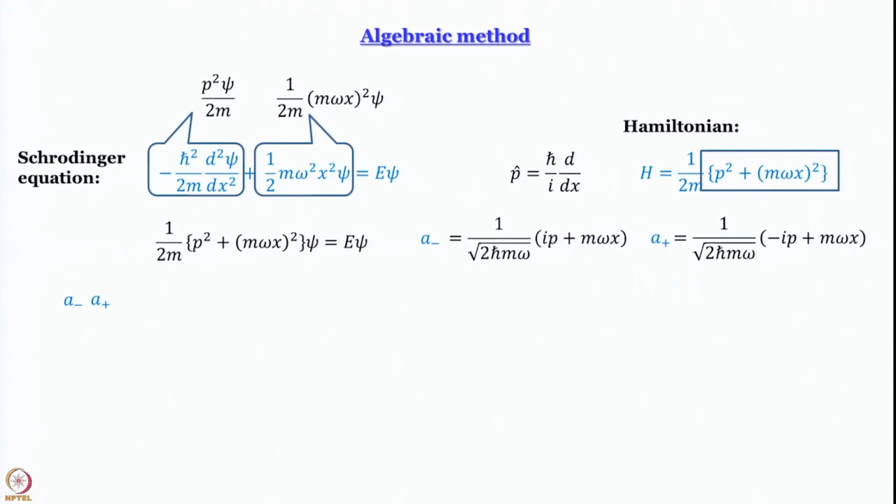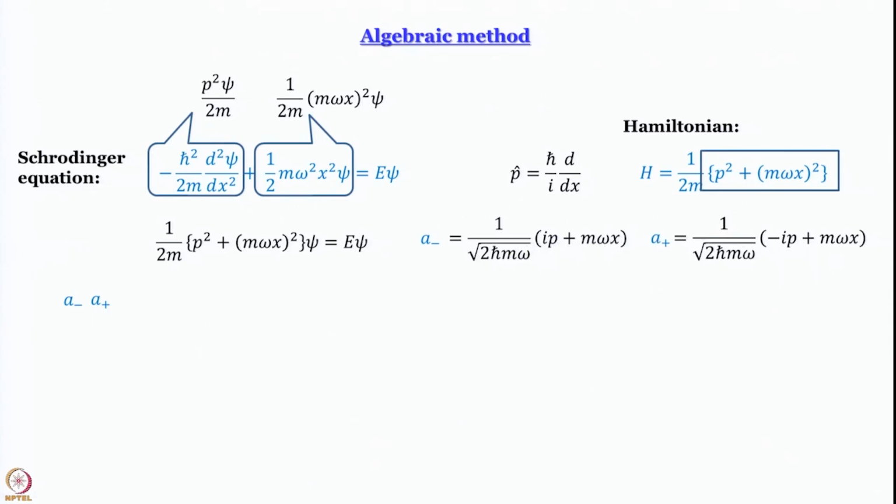What we are trying to do now is this. We started working with this because in the Hamiltonian, if these were numbers, this is a p square plus m omega x square kind of quantity, that would have been simply a product of i p plus m omega x and minus i p plus m omega x kind of quantities.